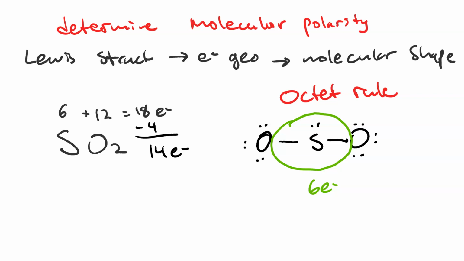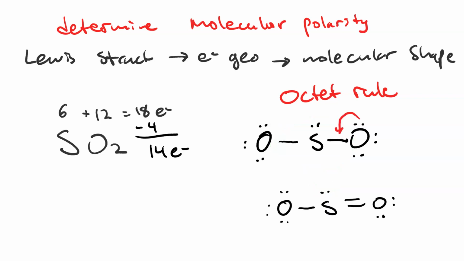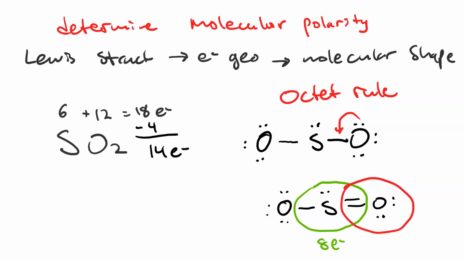That means we need to share a lone pair. Sharing one of the lone pairs from the oxygen on the right, I can now see that sulfur has 8, and the oxygen also still has 8. So this is a good Lewis structure.